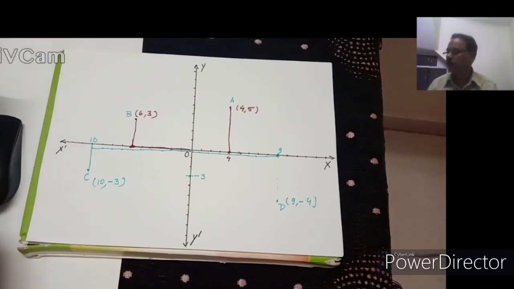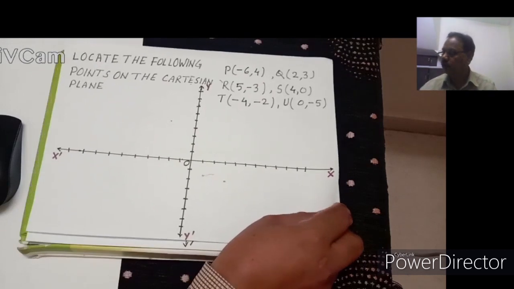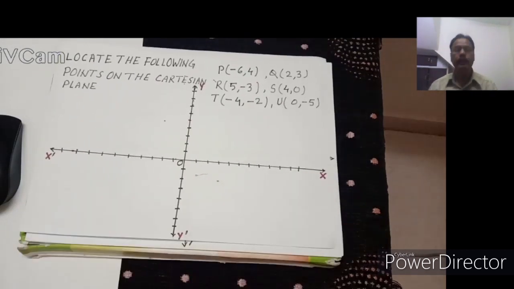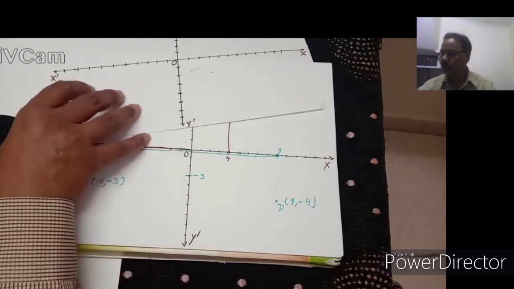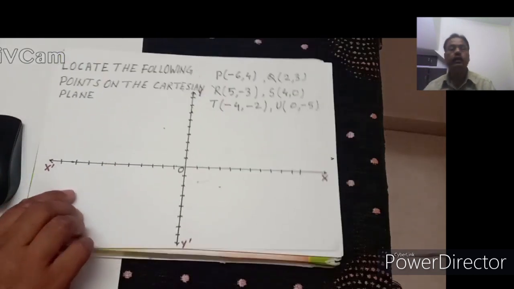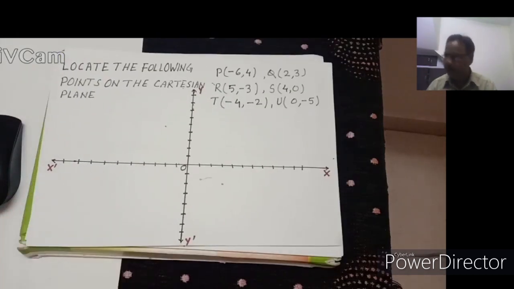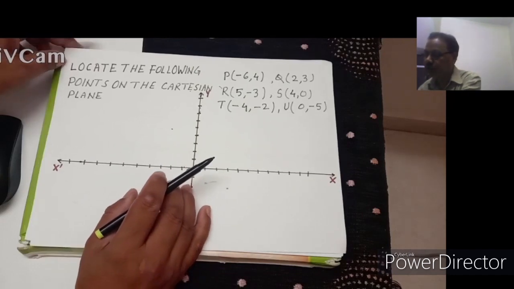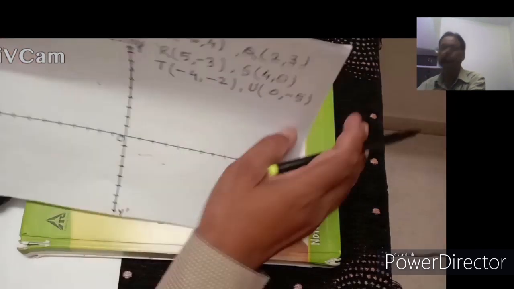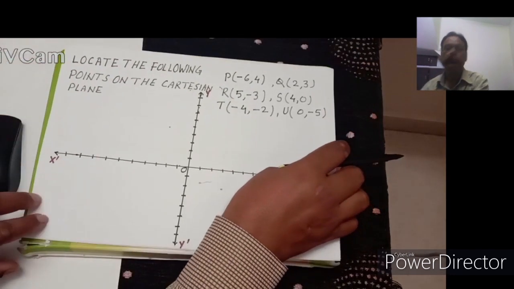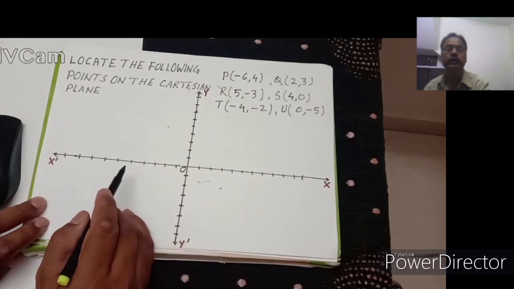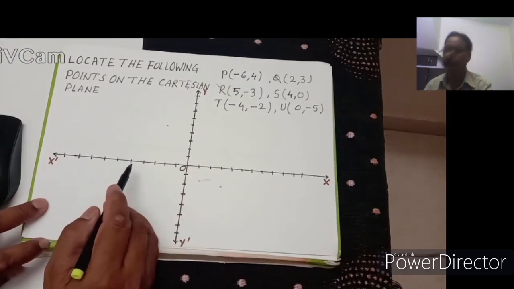Let us learn how do we locate the given points on the Cartesian plane. This time we have learned that already the points were located and we have found the coordinates of those points. Now we are going to plot these points on the Cartesian plane.